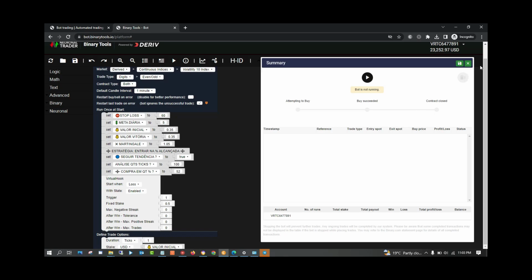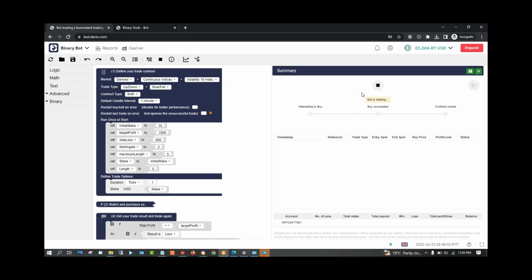And for login credentials, you can just use the same ones that you registered with DERIV.com or binary.com. Okay, so actually, as you can see, my virtual account here is $23,000. This is not my real account. This is my real and this is my demo account.